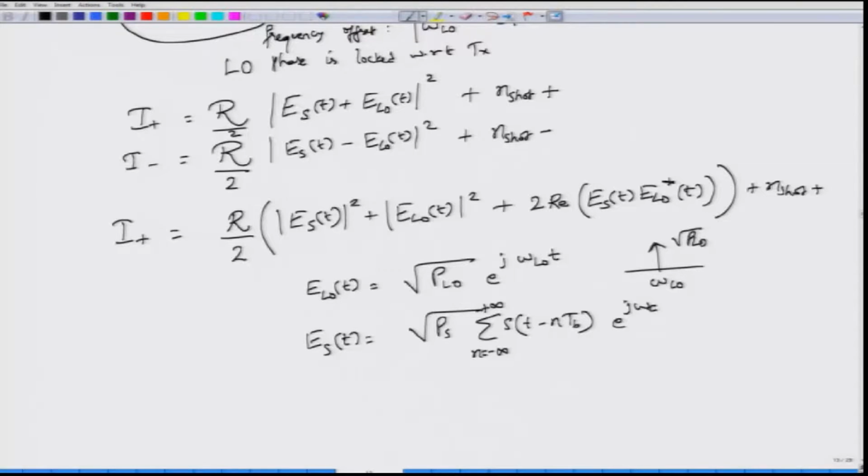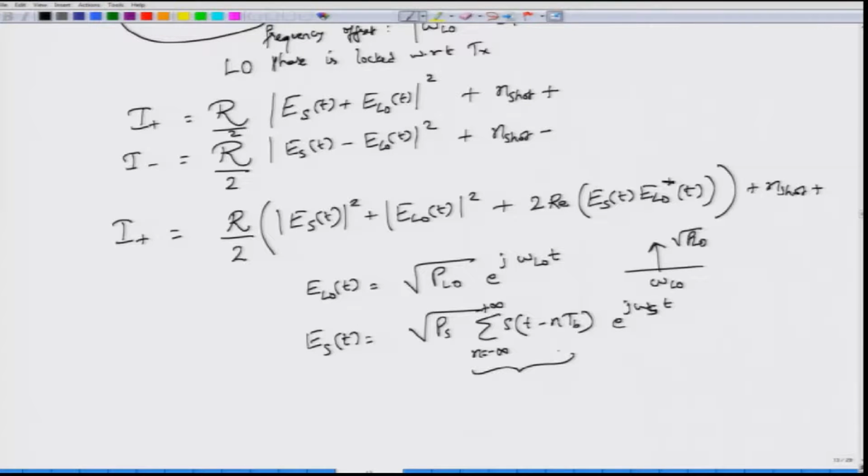All these pulses are centered or modulated at e power j omega s t, where omega s is the transmit laser frequency. So, this is Es of t, and if you look at the case when you transmit bit 1, then over one time period, let us actually look at this over one time period, for which we can remove all this summation and everything, okay.